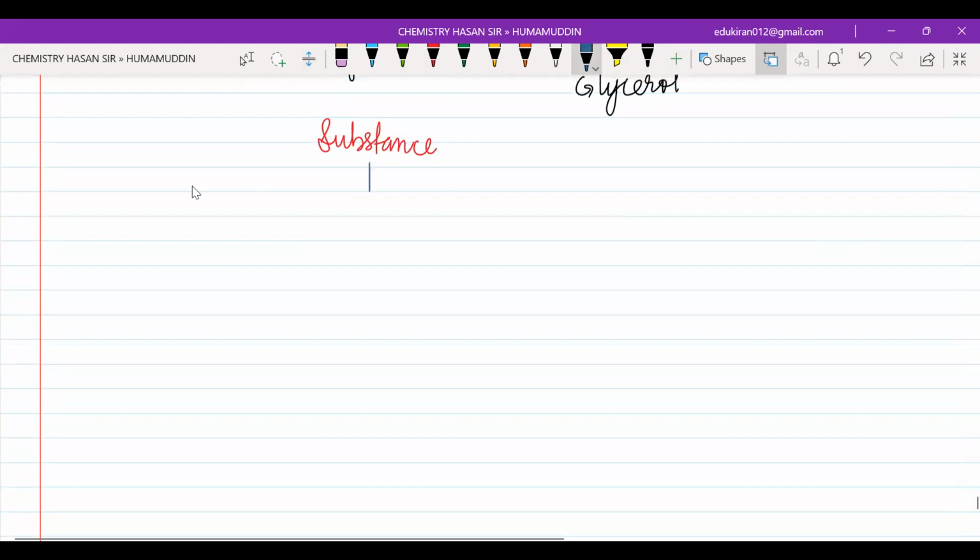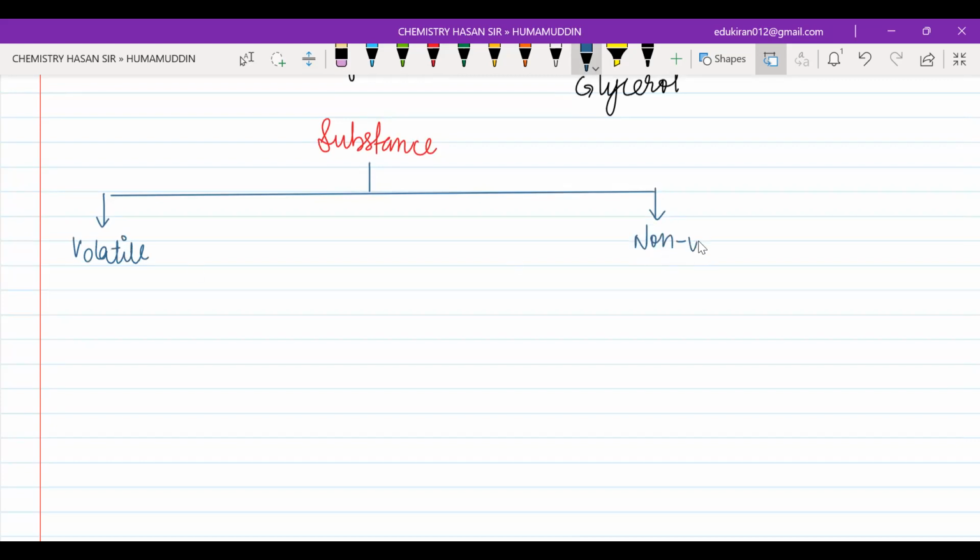Now I'm going for substance. On the basis of volatility, we divide this substance into two parts: volatile substance and non-volatile substance.